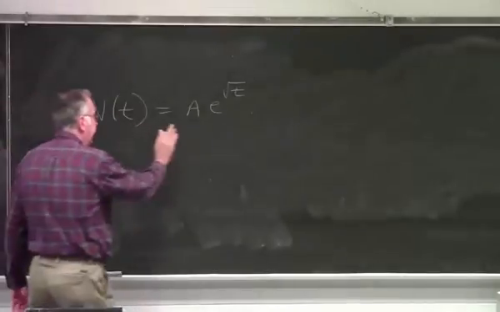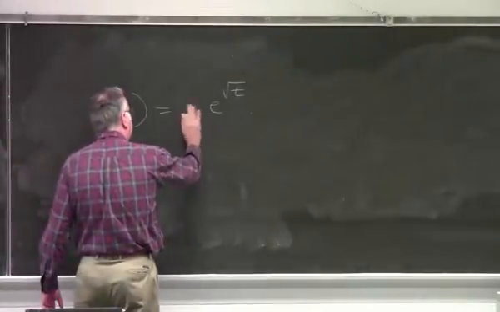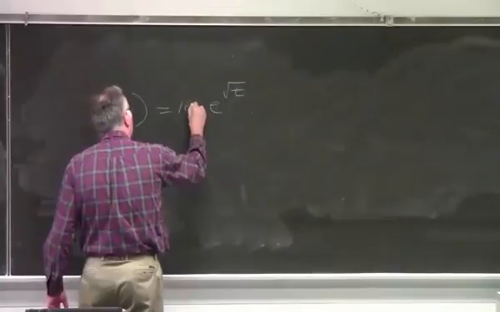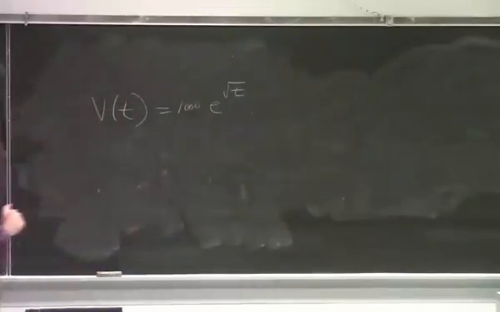Now this A here in our problem was just 1,000. That is just the value at time 0. But more generally, the expression for present value would be this.